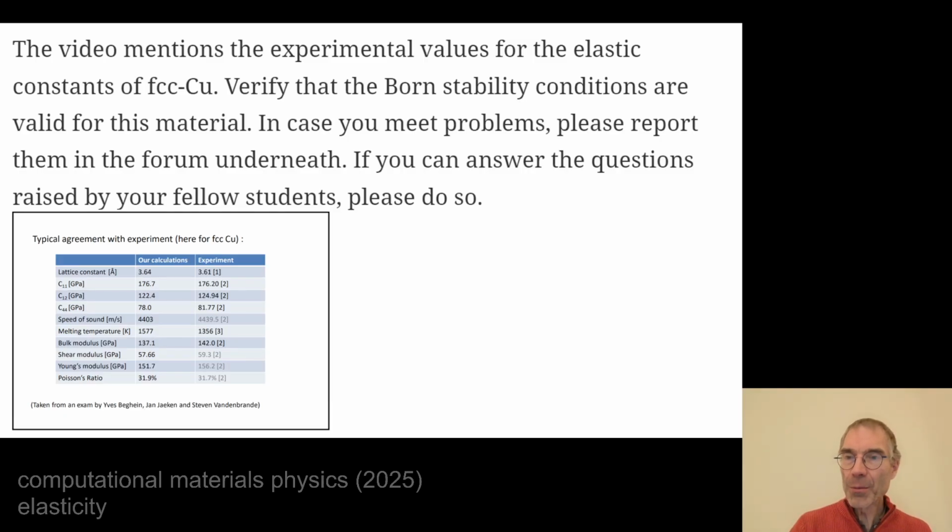For this crystal, I asked you to verify the Born stability conditions, which are relations, constraints on the elastic constants that tell whether or not the crystal is stable. If the Born conditions are not met, then a deformation of a crystal could give rise to a runaway effect.